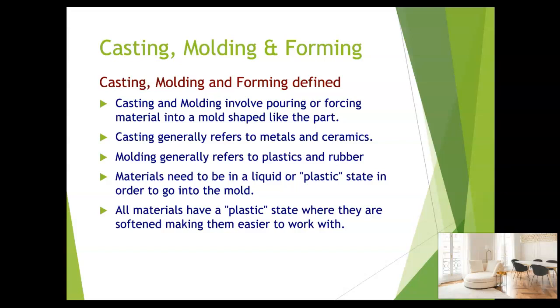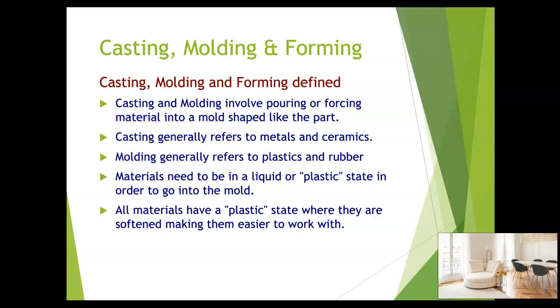Now, when it's mentioning plastic state right here, that does not mean plastics like we're talking about it. We're just talking that they have plastic type properties where they're a little bit more malleable to manipulate. All materials have a plastic state. You can get those particular specifications in different types of articles and material specifications when you're looking at properties of alloys or properties of the different plastics.